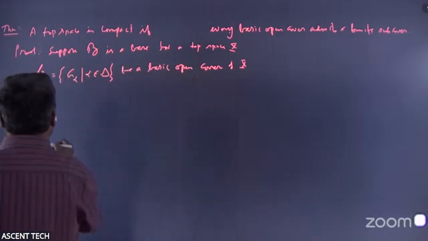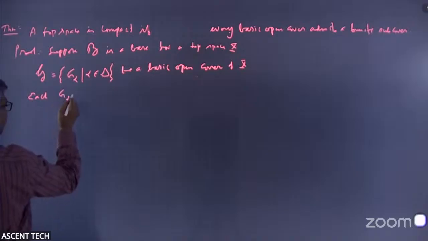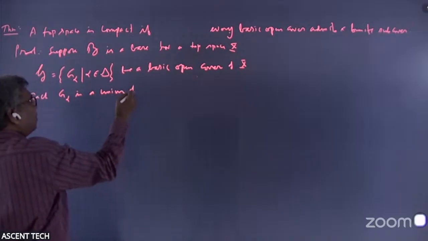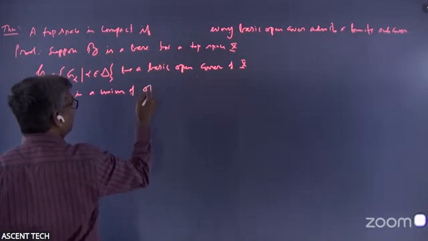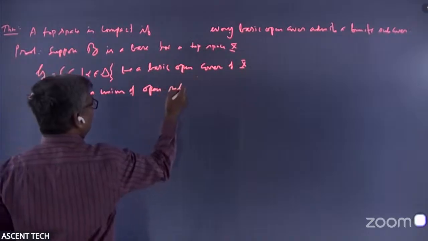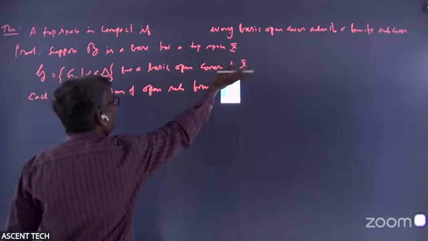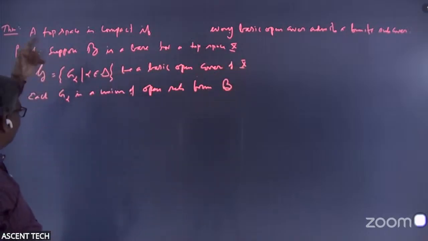So each G alpha is a union of basic open sets from B. If I look at every G alpha, it has some basic open sets.